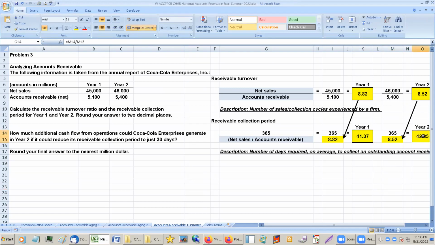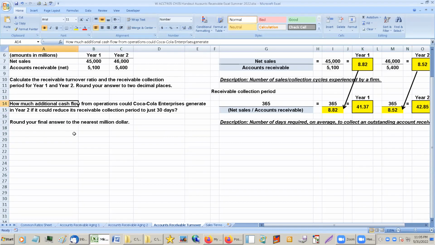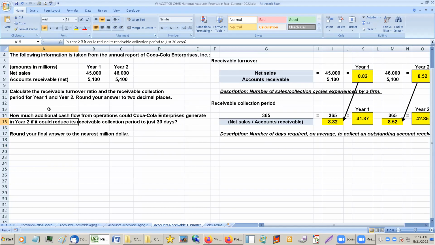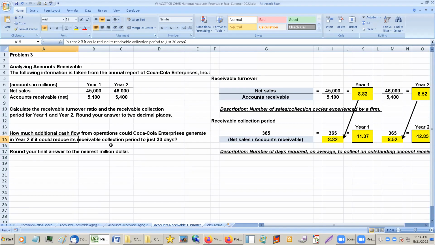Okay, so it went from 41 to 42 days. How much additional cash flow would Coca-Cola Company generate in year 2 if it could reduce its receivable collection period to just 30 days? Okay, so year 2, we have 5,400, I guess they're in millions, that's 5 billion.